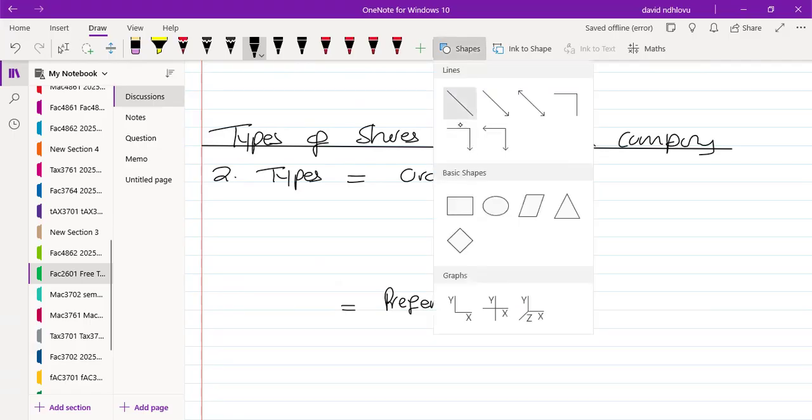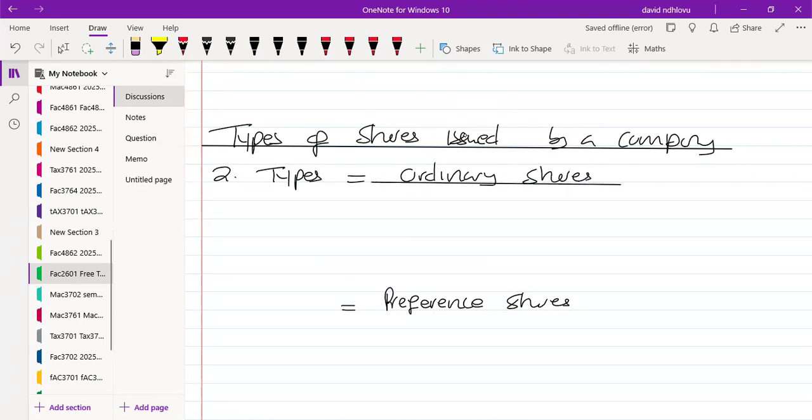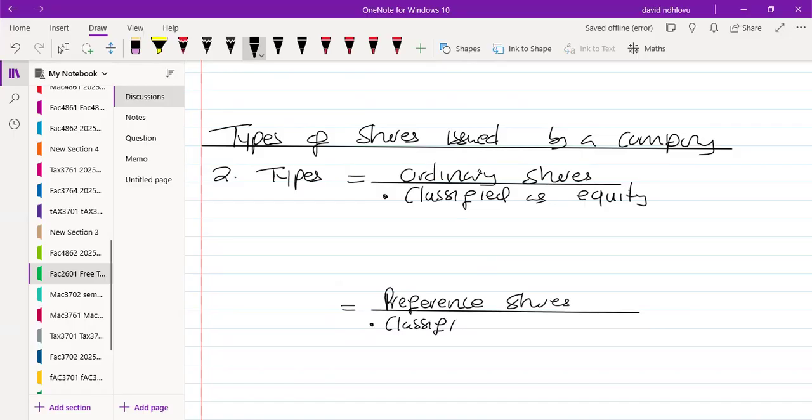Ordinary shares are classified as equity at any time. So this will always be classified as equity. Then we have the preference shares. These are classified as either equity or liabilities.